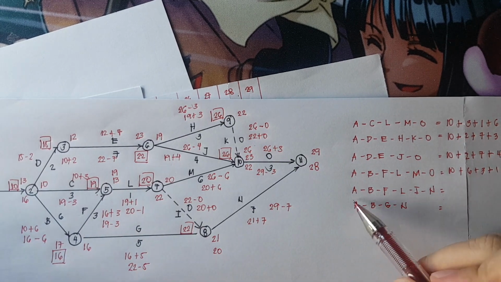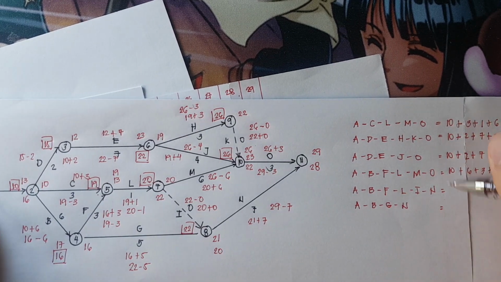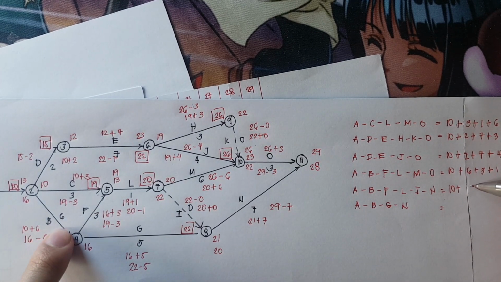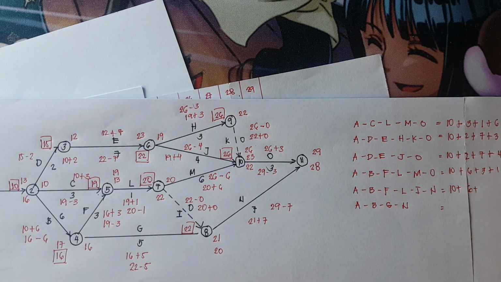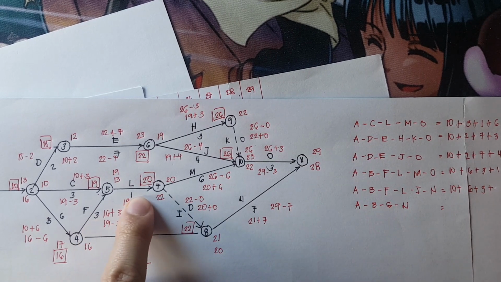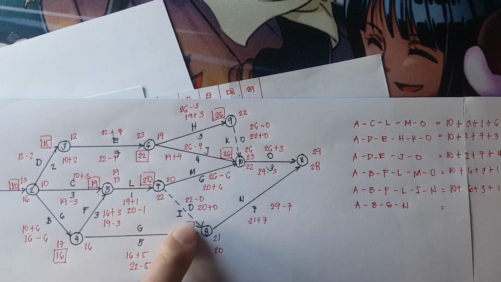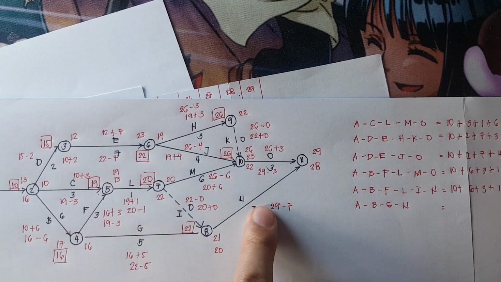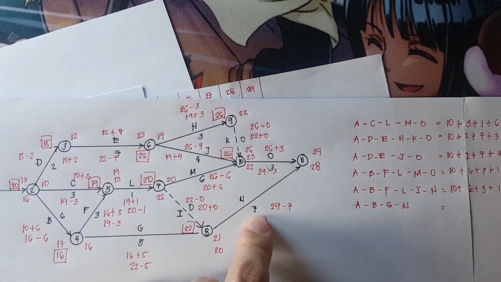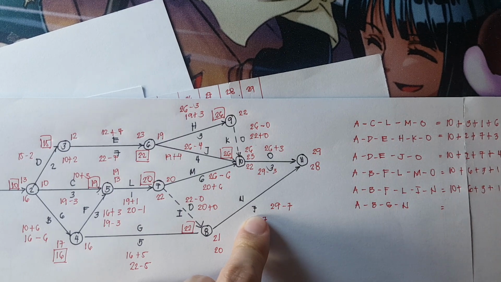Next, we have this path, ABFLIN. A is 10 days, plus B, which is 6 days, plus F, 3 days, plus L, which is 1, plus LI, 0, plus N, which is 7. And that is equivalent to 27 days.